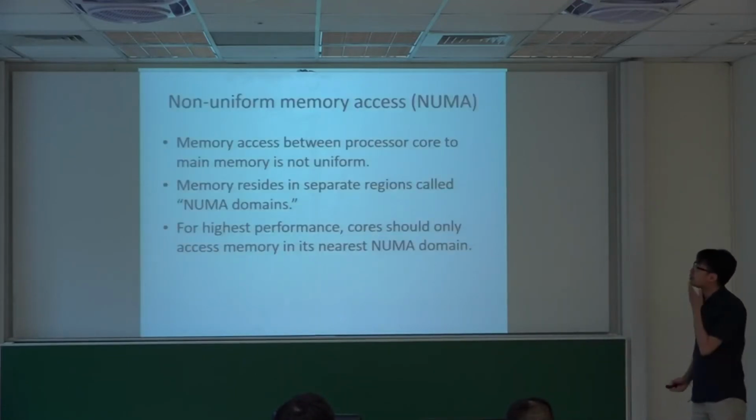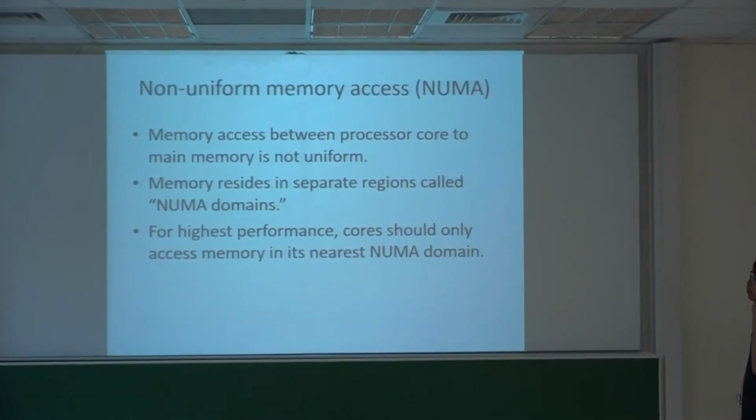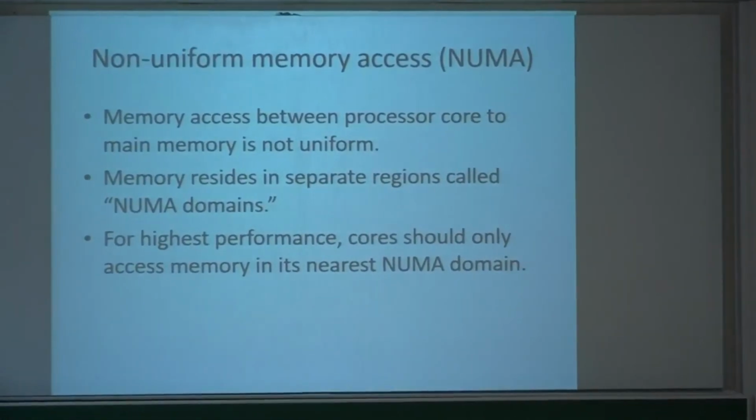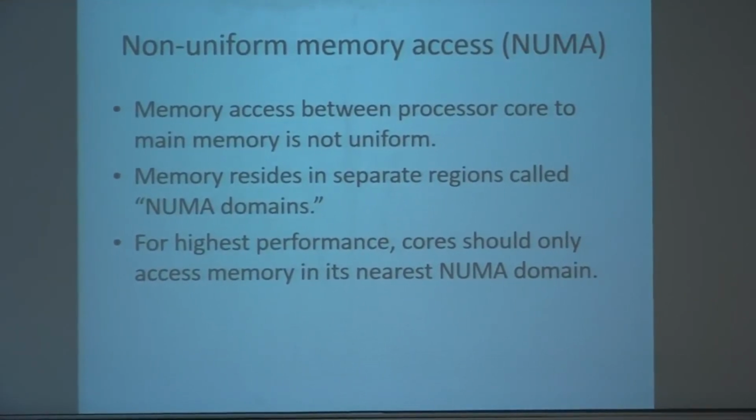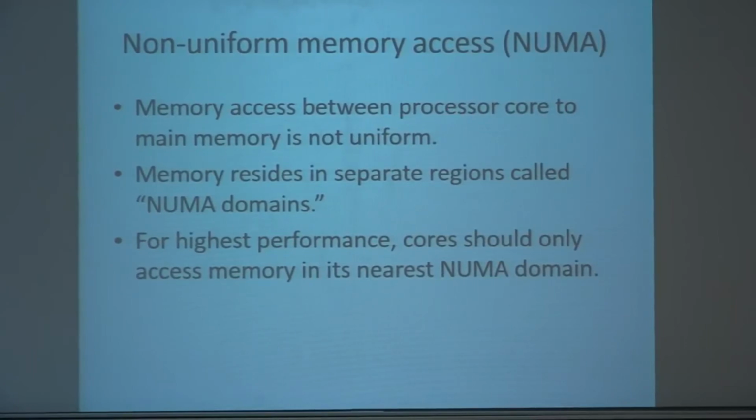Okay, so now we'll move on to something called non-uniform memory access. This is a much more subtle issue that some of you may not be aware of, and it is abbreviated as NUMA. It's the concept that memory access between your processor core and main memory is not uniform.